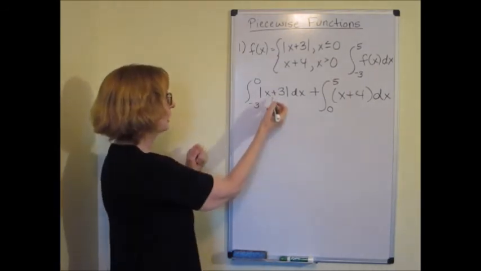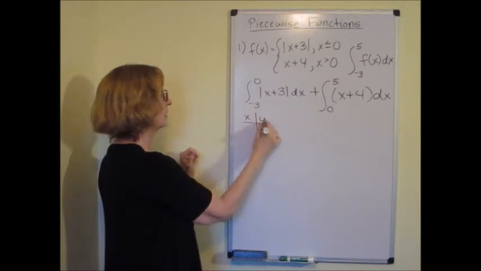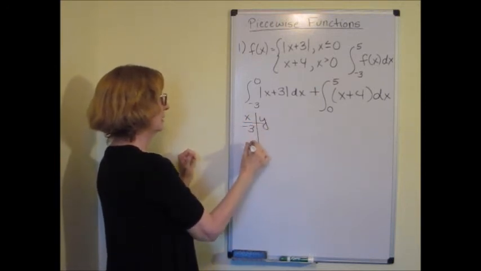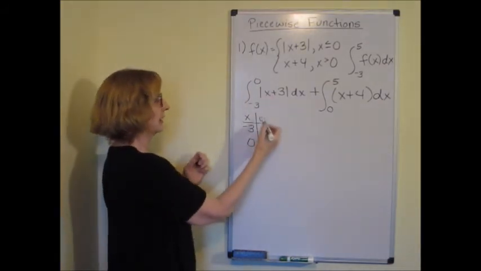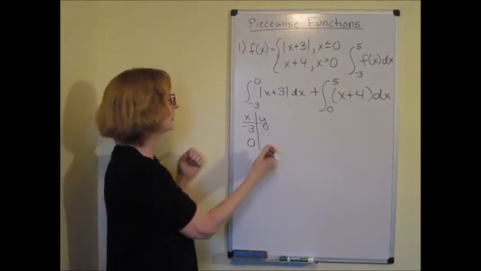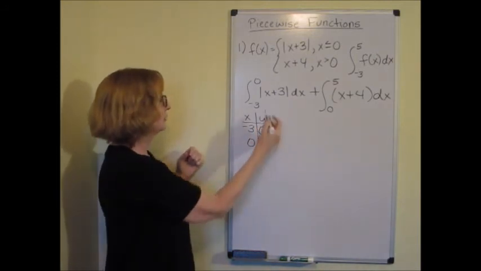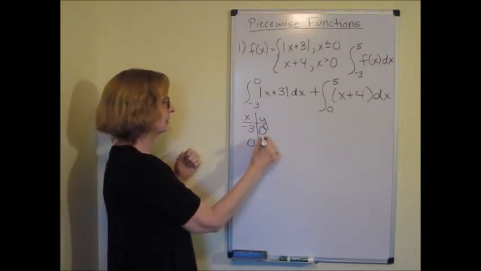So the first one, if you want to use a little set of ordered pairs, I'm going to definitely use negative 3, and I'm going to use 0, the endpoints here. If I plug in negative 3, negative 3 plus 3 is 0, and the absolute value of 0 is 0. For x equals 0, I'd have 0 plus 3, the absolute value of 3 is 3.